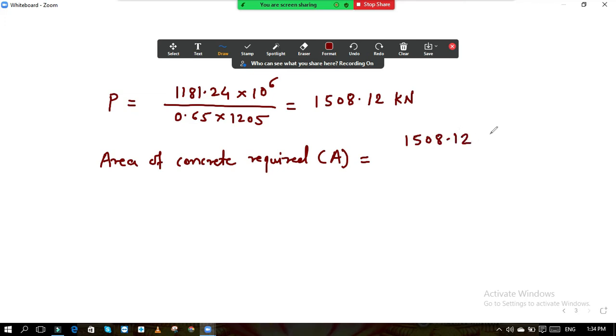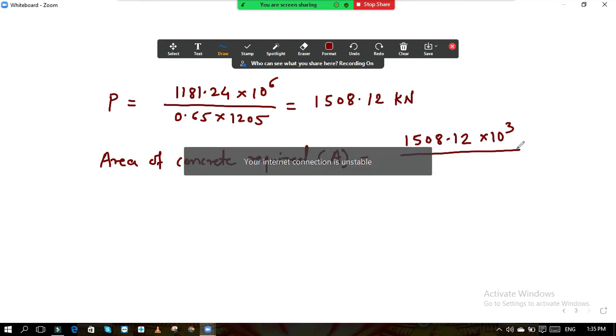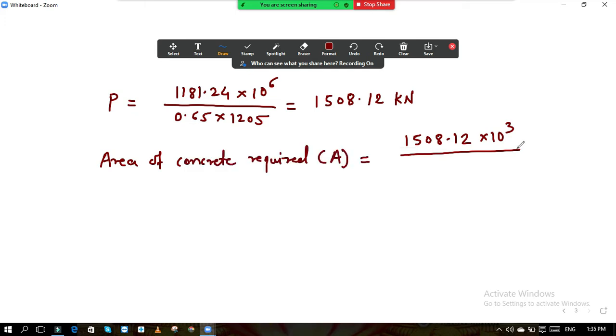So it will be 1508.12 into 10 raised to 3 divided by the stress. What is the stress? 0.5 f_ck is the stress in concrete at transfer.